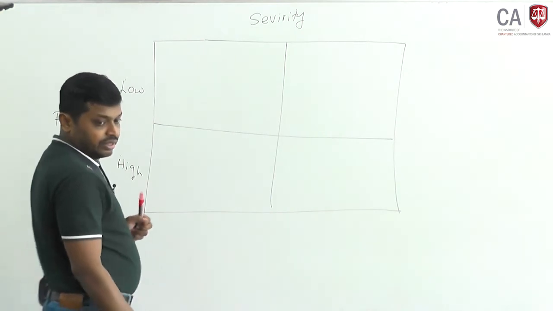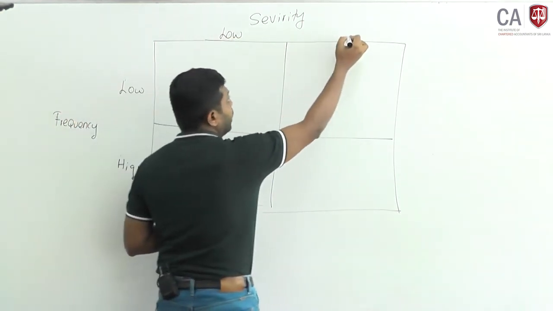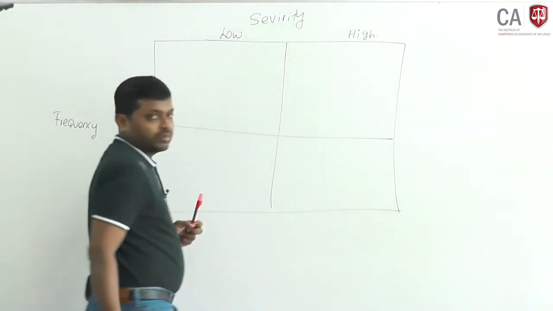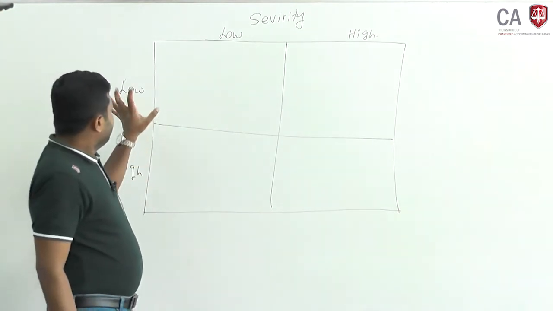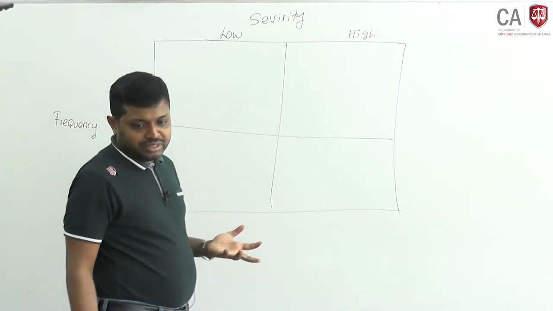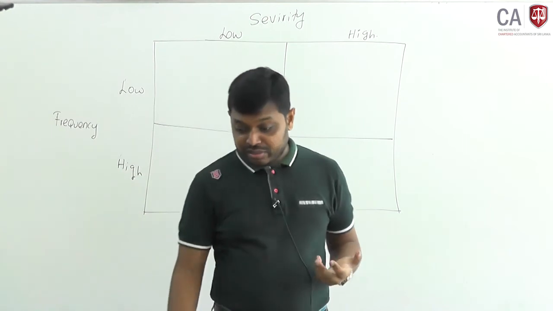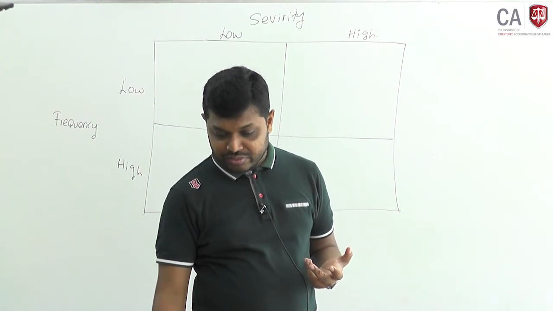Severity also is either low or high. If the happening frequency is low, then severity is the impact, whether the effect is very low or high.